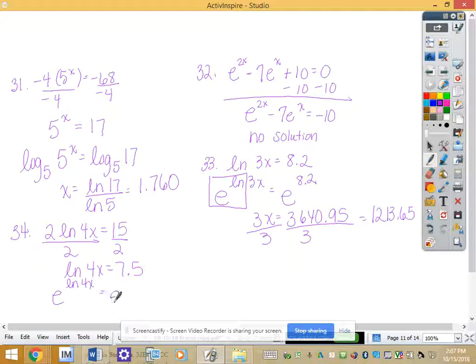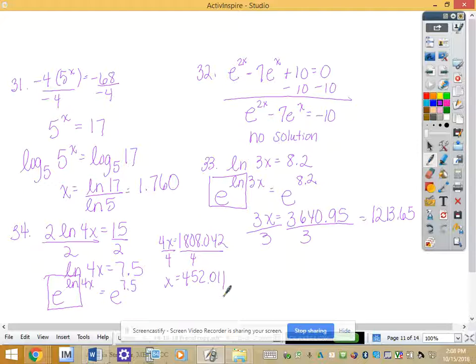And this is probably the hardest part because that looks weird. And I get it, it looks strange, so you're not sure if you're right. So this is 4x is equal to 1808.042, and you're going to divide that by 4. So x is 452.0.